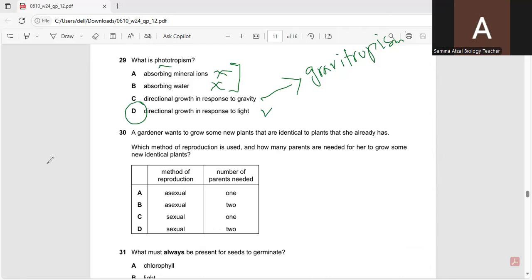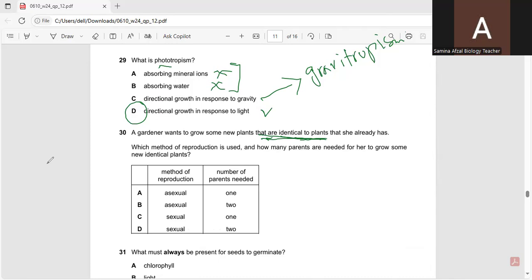Next question number 30 is a gardener wants to grow some new plants that are identical to plants that she already has. Identical plants are produced as a result of asexual reproduction in which a single parent is required. So the plants which are produced from the single parent will be genetically identical.